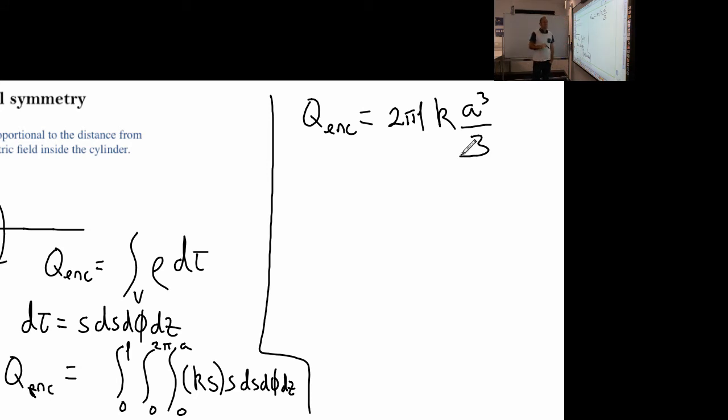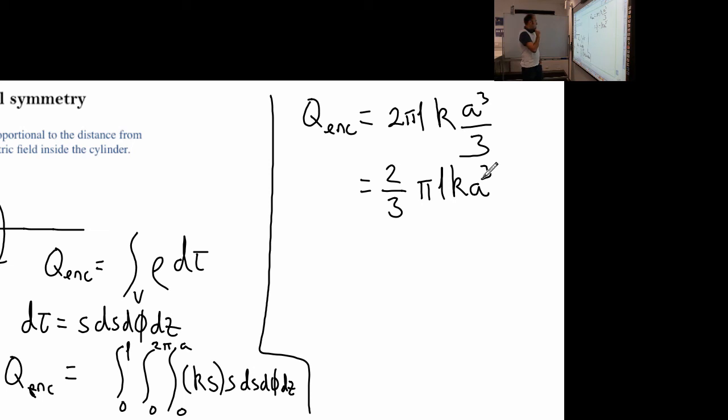So that's the total charge enclosed. Let me write it a little neater: 2 over 3 pi L K A cubed. So that's our first step.